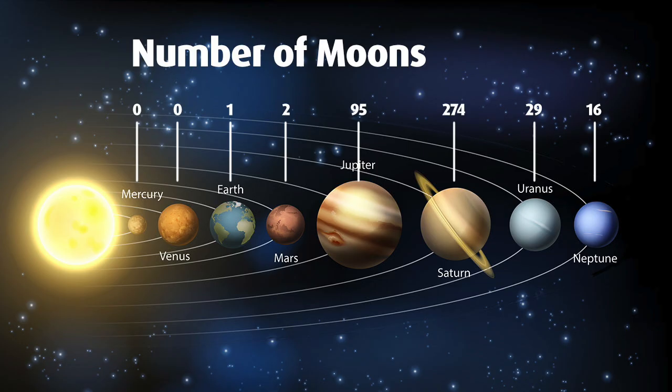And then we look at Uranus with 29 moons, and they also have some unusual things about them that we'll talk about today. And then finally, Neptune with 16 moons. And if we wanted to include Pluto, it has 5 moons of its own, even though Pluto is actually smaller than Earth's moon. So just keep that in mind. That's why it was demoted and not any longer considered a planet.